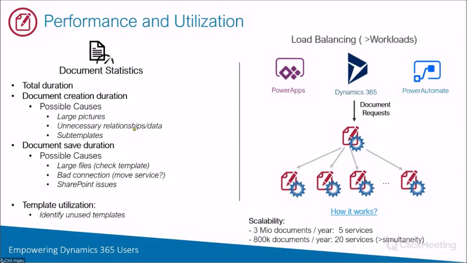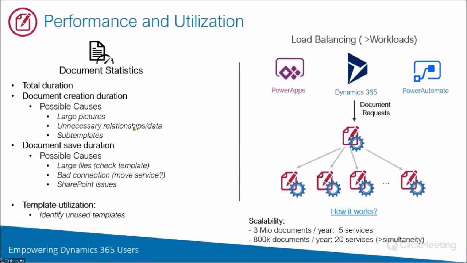And then also sub-templates. If you have a document with 3 sub-templates, remember that's 4 document generation jobs that have to happen, because each one's separate. You have your main document and then your 3 sub-templates that also have to be generated. So those could be some possible causes of a long document generation, and we want to help you see where those are.